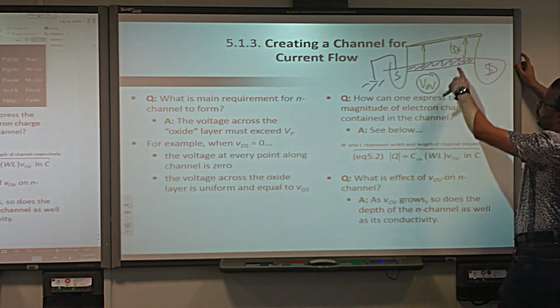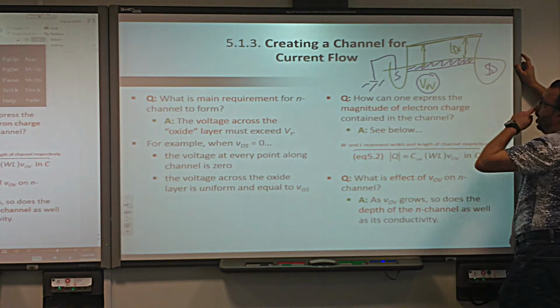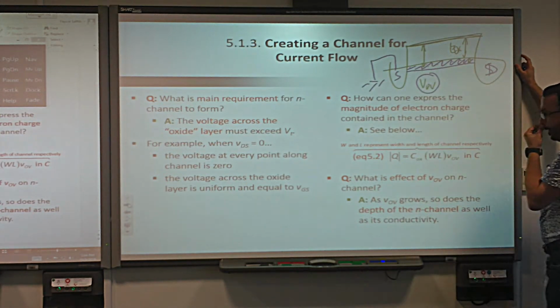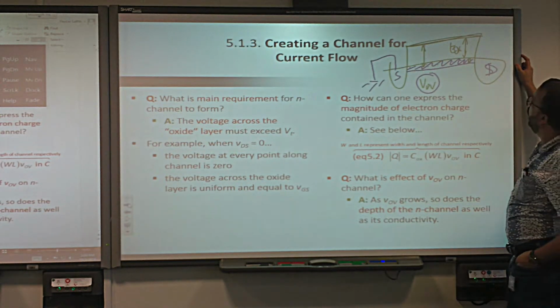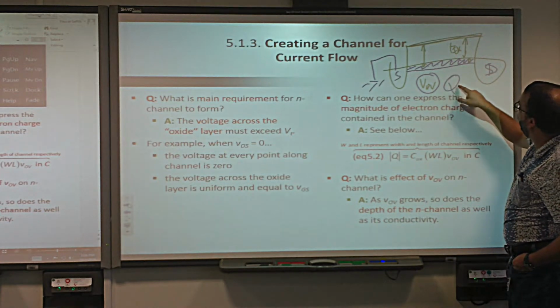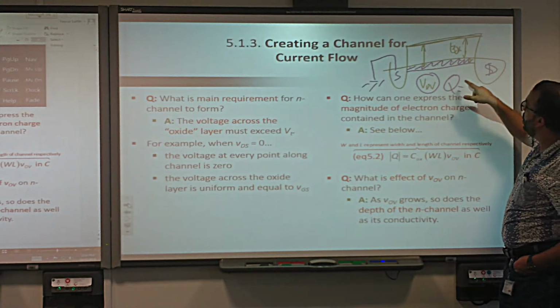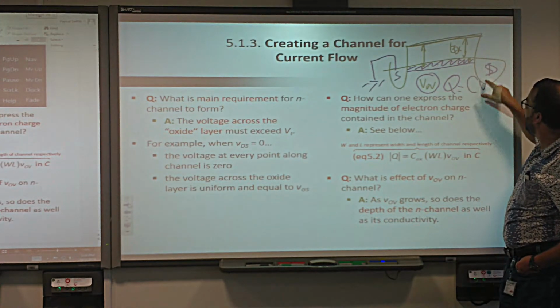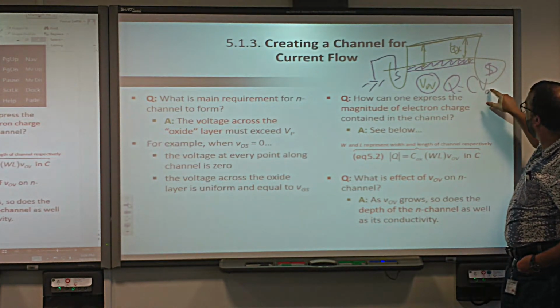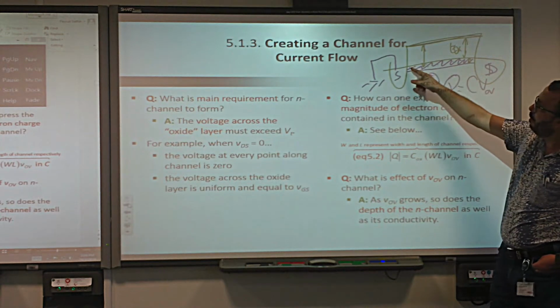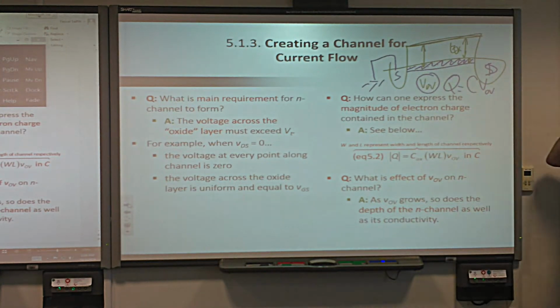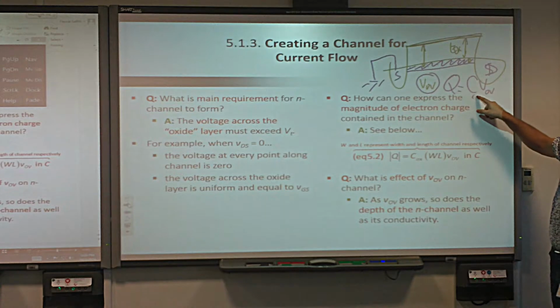So if I want to calculate the charge in the channel, I need to apply the capacitor charge equation, Q equals CV. The voltage here is going to be the overdrive voltage, because that's the effective voltage this charge will feel, and C is going to be Cox.